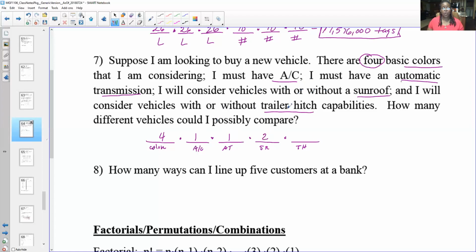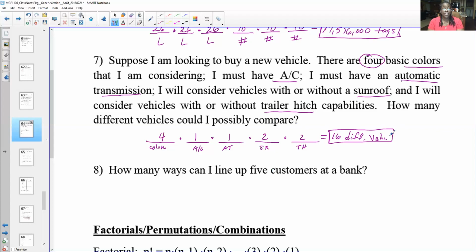And the same for the trailer hitch. Again, that's 2 choices. So now we multiply 4 times 2 times 2. That gives us 16 different vehicles to look at. Make sense?